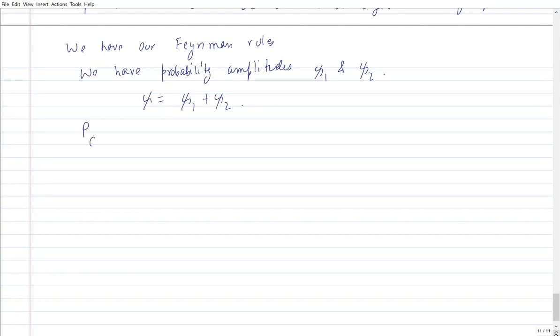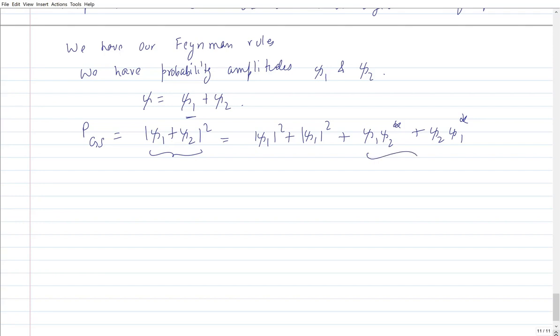And the amplitude for GS would be given by psi1 plus psi2, where psi1 is associated with the upper slit and psi2 is associated with the path the electron takes from the down slit. We add these guys up. And the probability is given by the modulus squared of the amplitudes, and in addition to P1 and P2, I get these interference terms.